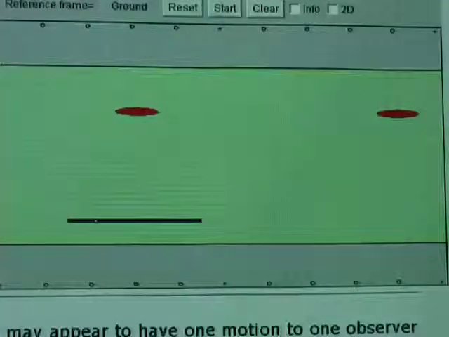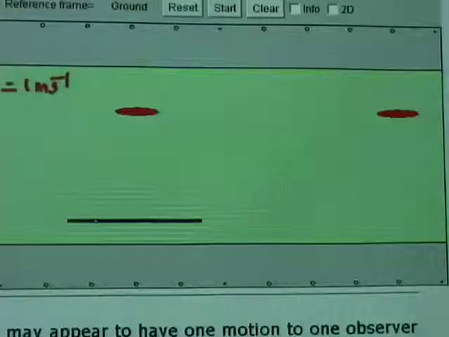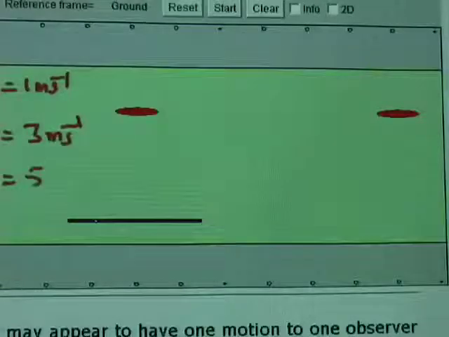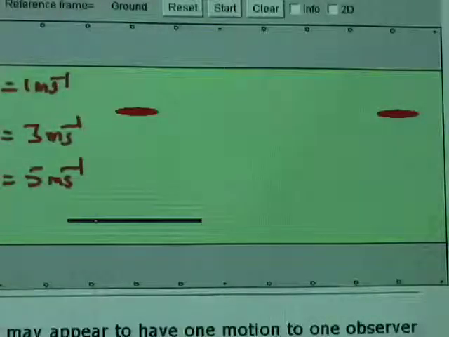So we say velocity of man is 1 meter per second. Let's say the velocity of the river is 3 meters per second. And velocity of the boat is 5 meters per second. We're just assuming these values. Okay. Alright, let me write that again.